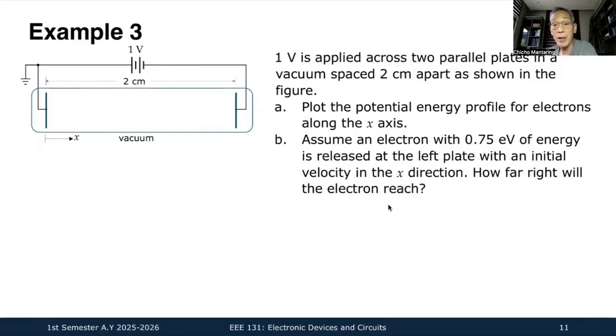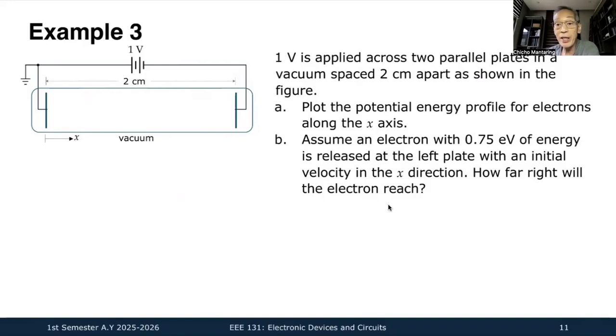Plot the potential energy profile for electrons along the x-axis. And then letter B, assume an electron with 0.75 electron volts of energy is released at the left plate with an initial velocity in the x direction. How far will the electron reach?